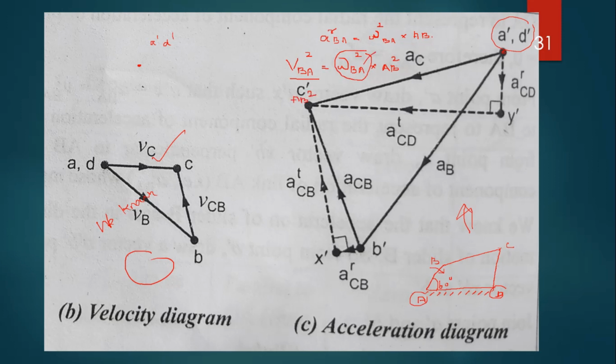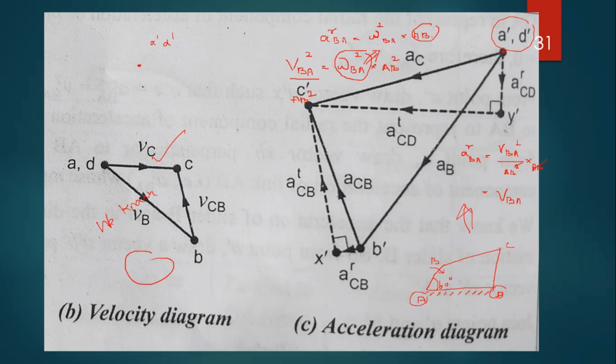Now, substitute this value here, then the equation becomes acceleration of radial component of BA is equal to velocity of BA squared divided by AB squared into, one more AB is also there, AB. So, AB cancels. What is the final formula?